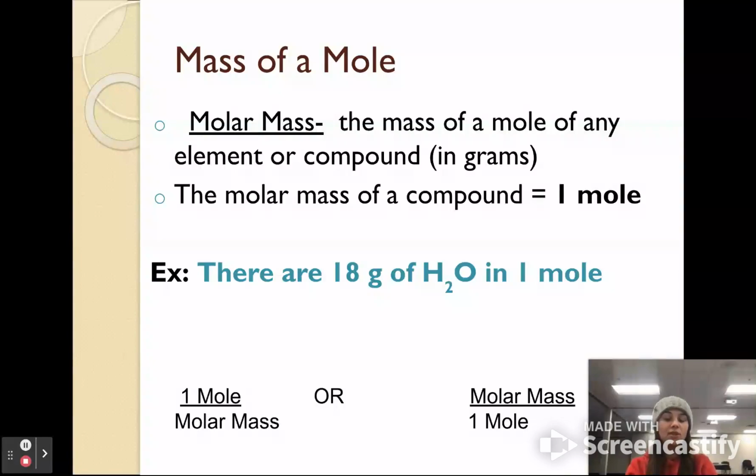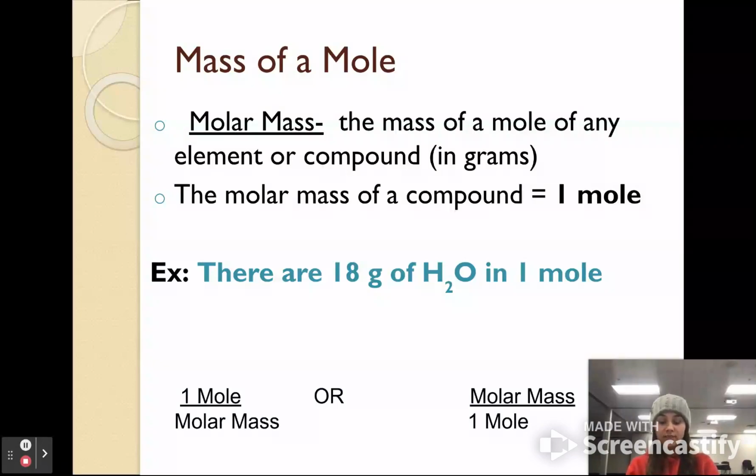Mass of a mole. So do you guys remember how last week we calculated the molar mass? Which just means I added up all the weights of everything in my compound, right? The molar mass of a compound is equal to 1 mole.